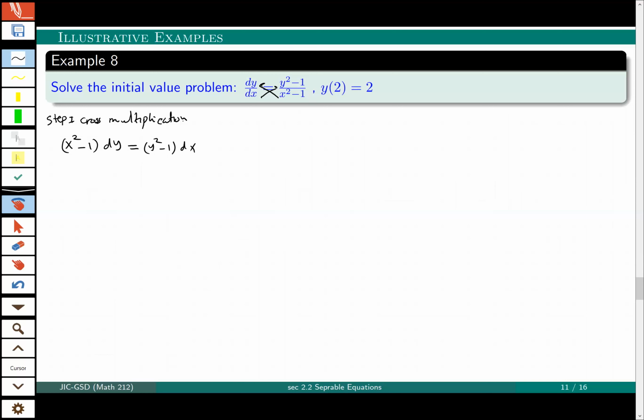Now, again, I have here dy, and that's a function of y. But I have here dx, and that's a function of x. So we need to divide to separate. We need to divide by what? X squared minus 1 times y squared minus 1.